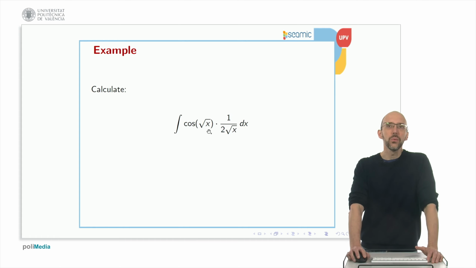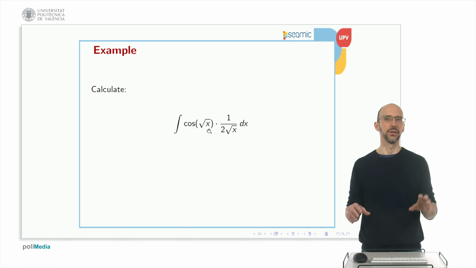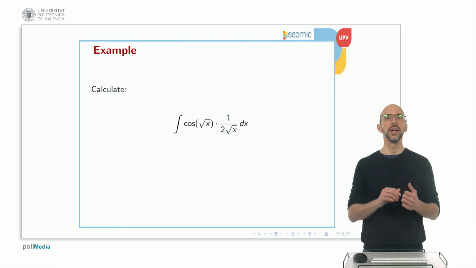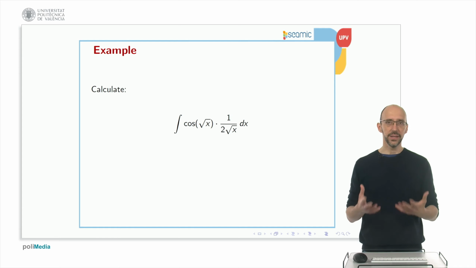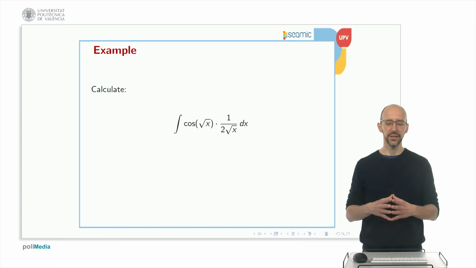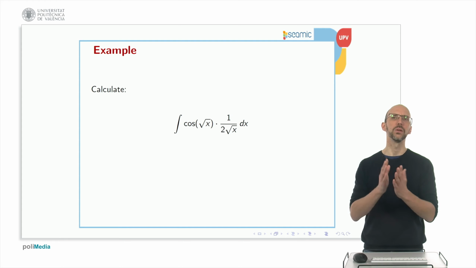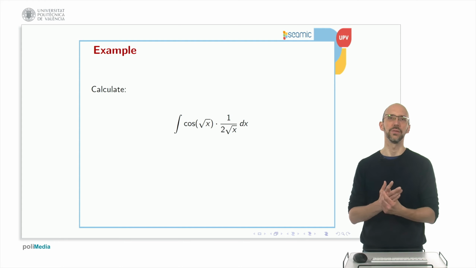Cosine of a square root of x. And now the question is, okay, I see the pattern. Cosine of a function. Is the derivative of the function outside? Is the derivative of a square root outside? Then you need to breathe a little bit and, okay, what was the derivative of a square root of x?